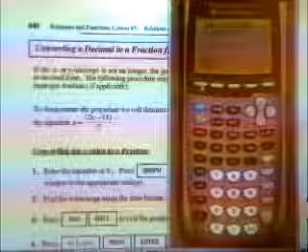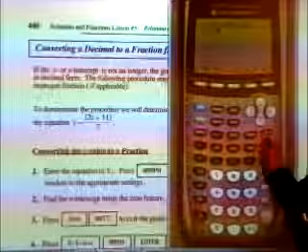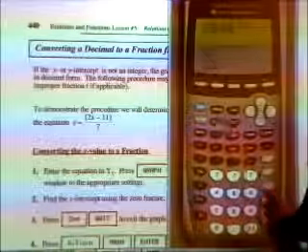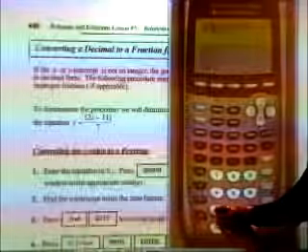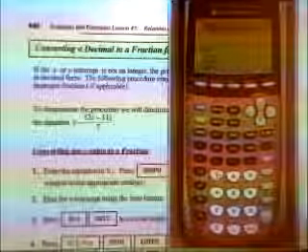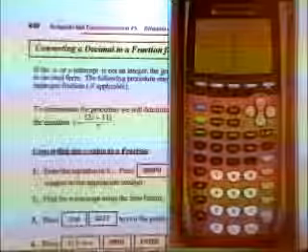So first thing that we need to do is put in a different equation. Our equation is bracket 2x minus 11 bracket divided by 7. I think that we're okay with our standard window settings. Press the graph button.